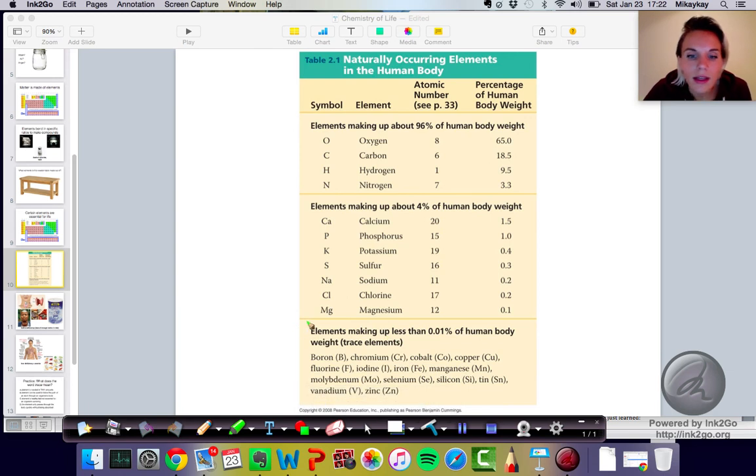So less than 0.01% of a human body, and it's similar in other organisms, is made out of these elements. So we have boron, chromium, cobalt, copper, fluorine, iodine, iron, manganese, molybdenum, selenium, silicon, tin, vanadium, and zinc, right? So these are all elements that you need, but you don't need a lot of them. You just need a teeny little bit.